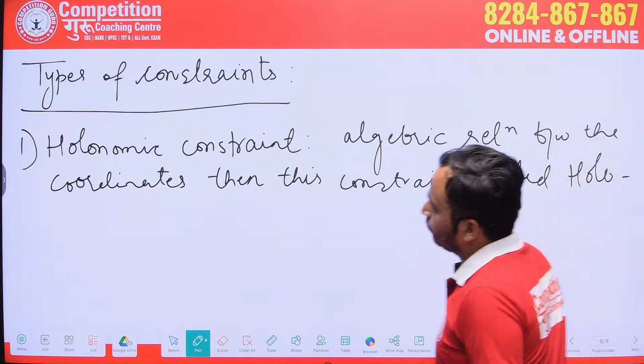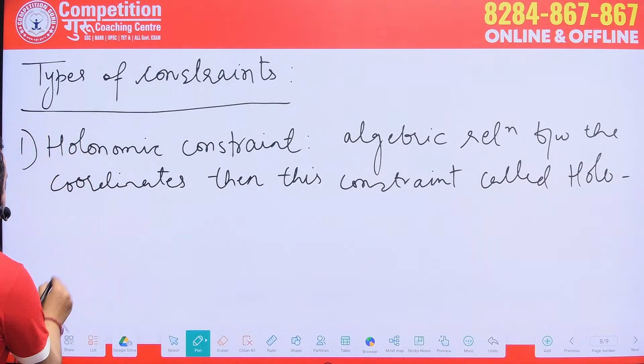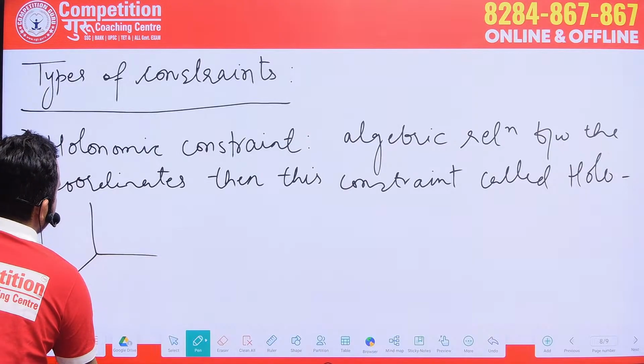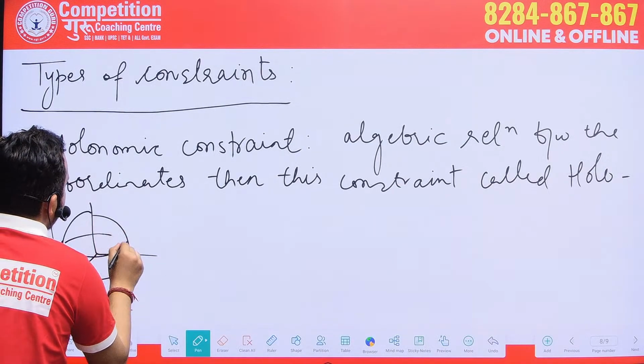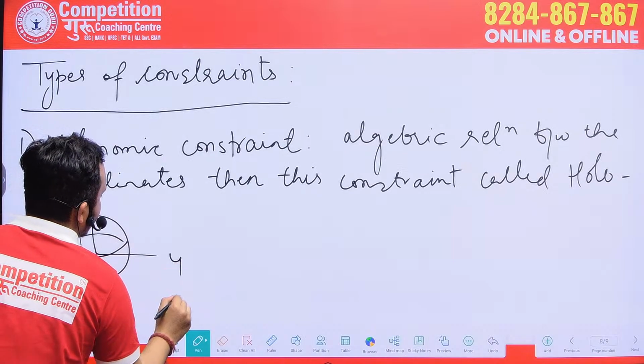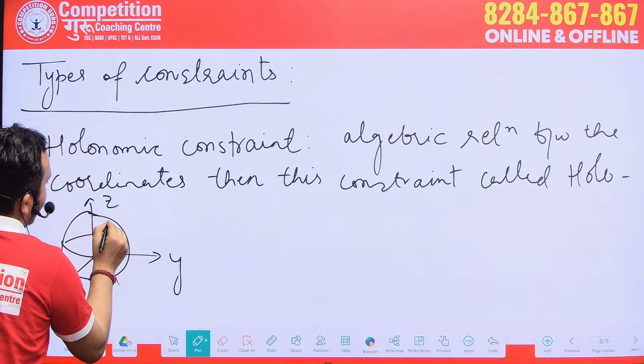Let us take one example. There is a sphere, like this. Here is the x, here is the y, here is the z direction, and here is a point particle P.